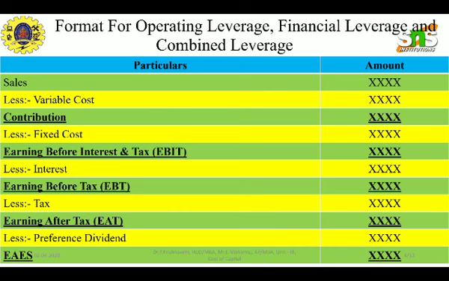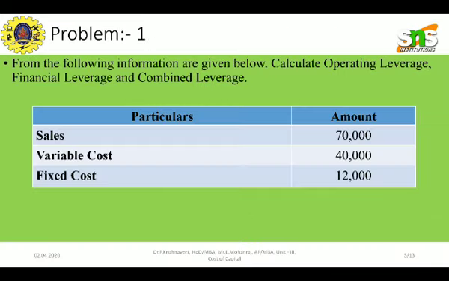With EAT, if we subtract preference dividend, we will get EAES, that is earning after equity share. This is the format for finding the final profit of your business. This is very helpful to find the operating leverage, financial leverage, and combined leverage. Then let's go to problem number 1.